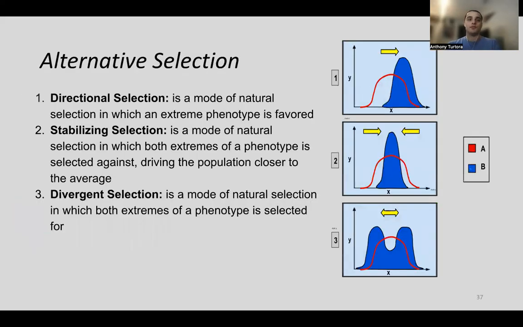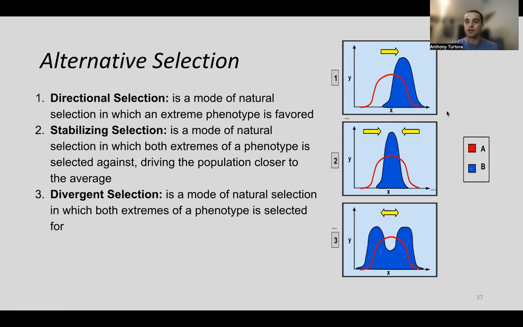All right, so discussing each of the different modes of selection, we have firstly directional selection, which is a mode of natural selection where the extreme phenotype is favored, which we discussed. Another example, not the one that was in the previous question, is giraffes.